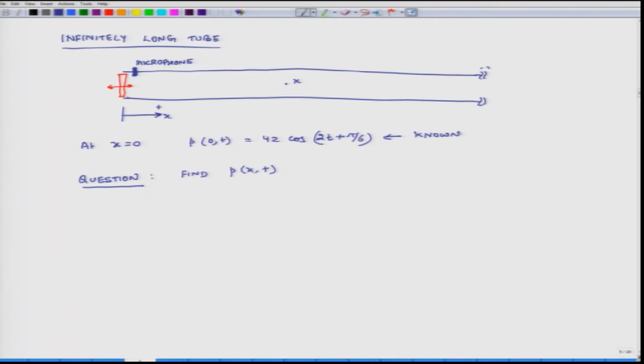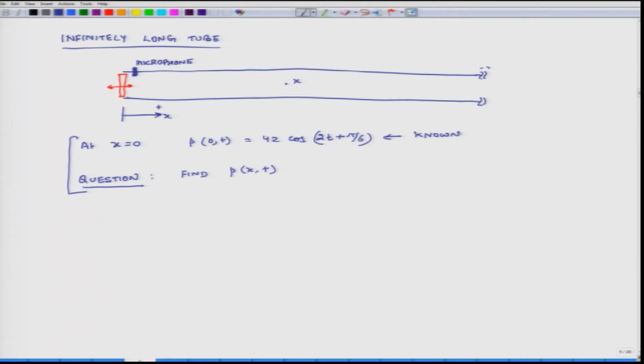So, find P of x and t. We know the initial condition, that P of 0 t is 42 cosine of 2t plus pi over 6, and the question is how do we find P of x and t, and how do we do it?